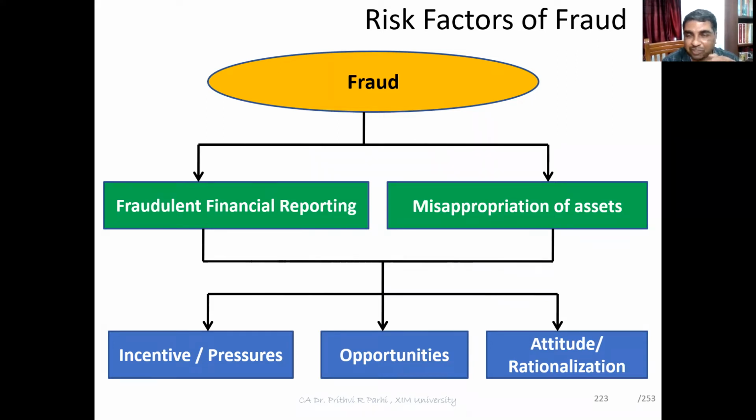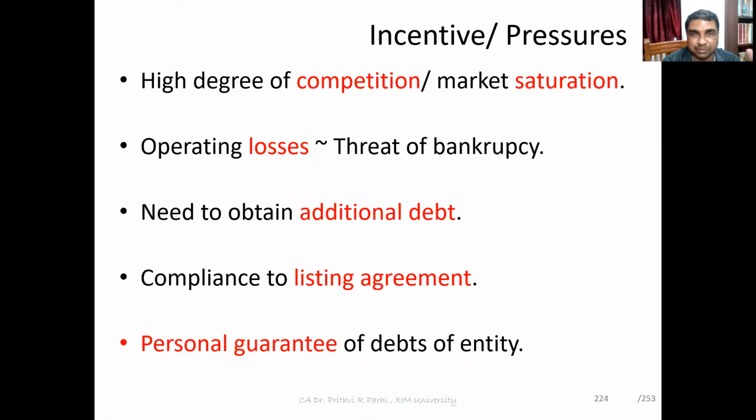There might be certain circumstances like incentives and pressures, or there might be opportunities, or there might be an attitude of the management to commit fraud, or management tries to rationalize or justify the fraud. So these 3 points in fact represent the circumstances in which fraud occurs.